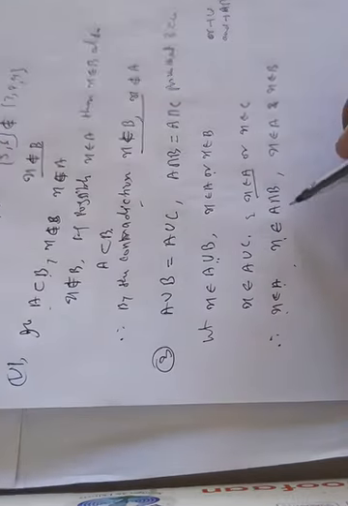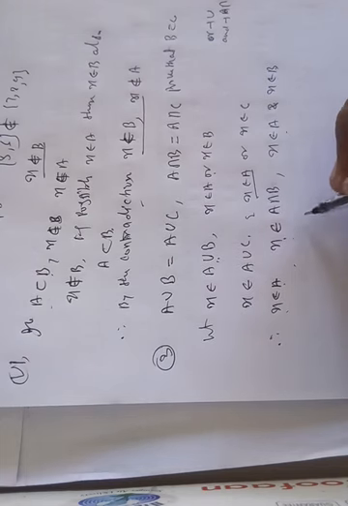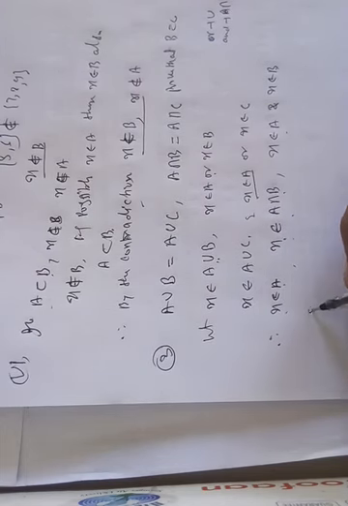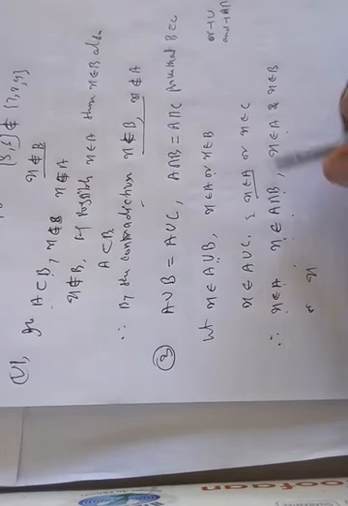Clear? So X belongs to A and X belongs to C. Since A intersection B equal to A intersection C, X belongs to A intersection C.